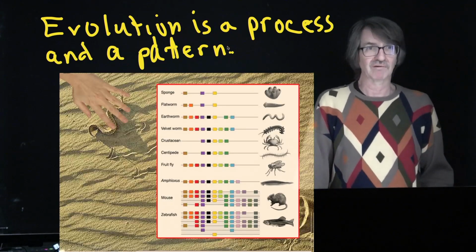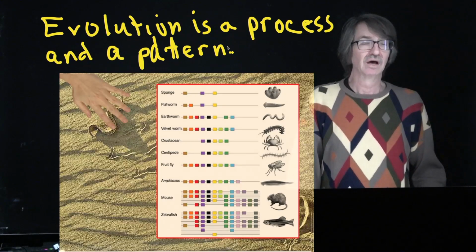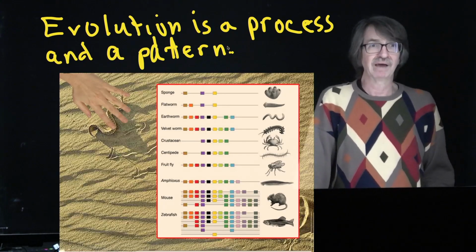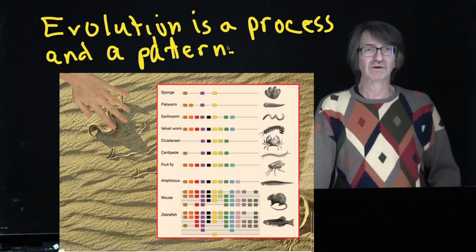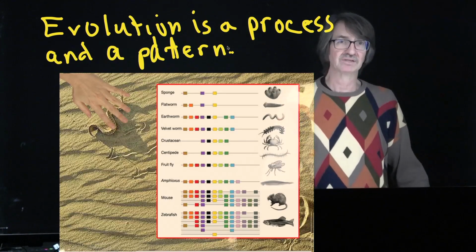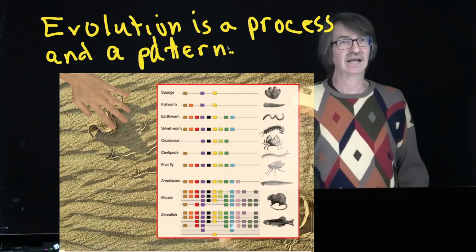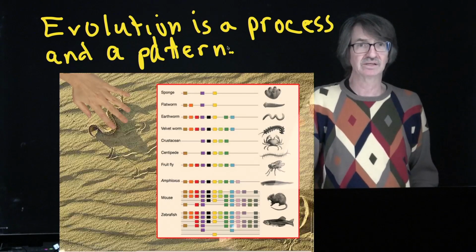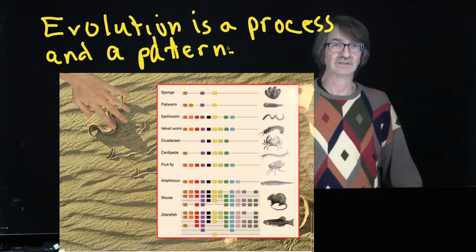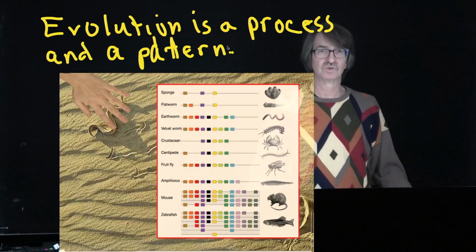This just shows a range of animal species, ranging from simple sponges to vertebrates, including mammals. And what's shown here next to each species is a long line, and the line represents a stretch of DNA sequence letters from that species. The length of it is tens of thousands of nucleotides long, so we've really zoomed out.